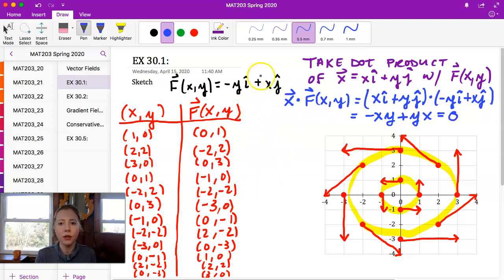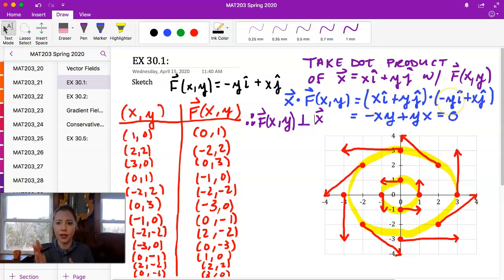So we can conclude here that, and these three dots, that's just the therefore symbol if you're doing logic or proofs, f of x and y is perpendicular to x. Okay, which you might see considering in the x direction you're going x for the first one, and the other one you're going minus y, right?